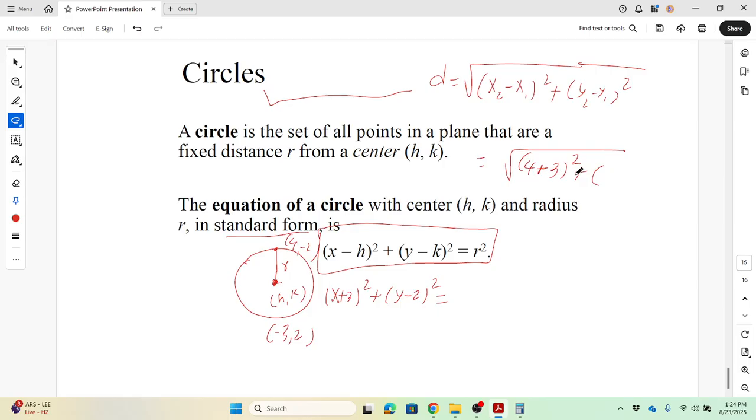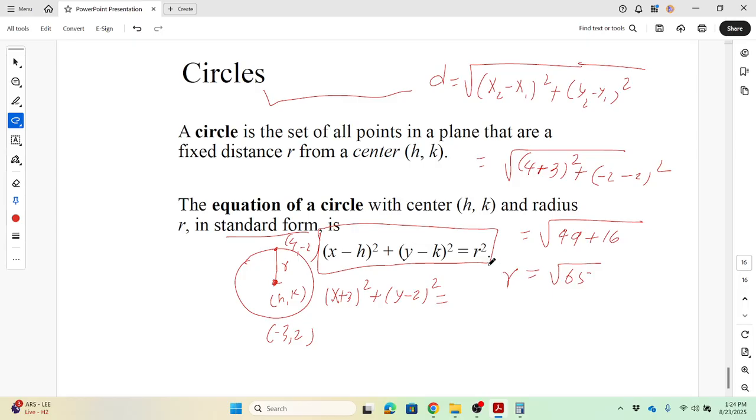And y2 is negative 2 and y1 is positive 2. So if you do this math, 4 plus 3 is 7, 7 squared is 49, this is negative 4 squared is 16, so that is 65. So that's the radius r. r equals square root of 65.